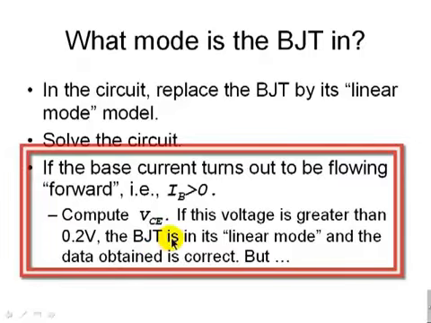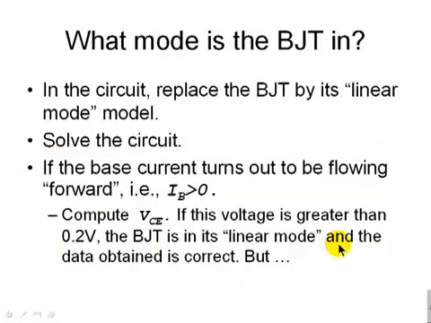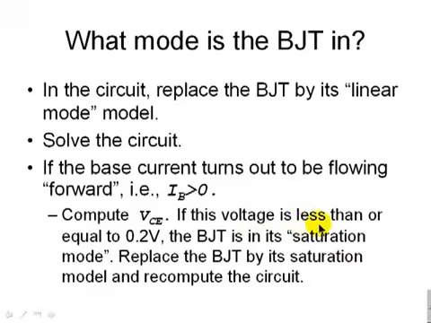If that voltage is greater than 0.2 volts, the transistor is in linear mode. However, if that voltage is less than or equal to 0.2 volts, the BJT is in saturation mode. In this last case, we have to replace the BJT by its saturation model and recompute the entire circuit.